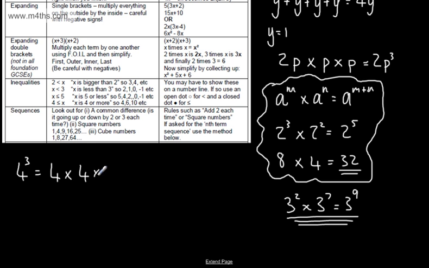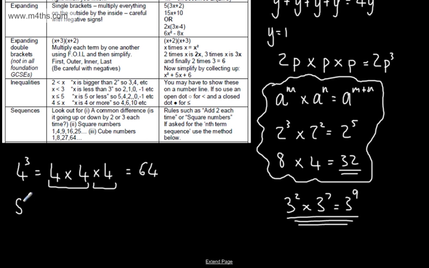So if you want to think about it like so, these are the powers that we looked at in number. 4 is the number I'm multiplying, and I need 3 of them. 4 times by 4 is 16. If we multiply 16 by 4, this is going to give us 64. A common error is to write 12. It's not 12. 4 times by 3 is not the same as 4 to the power of 3.